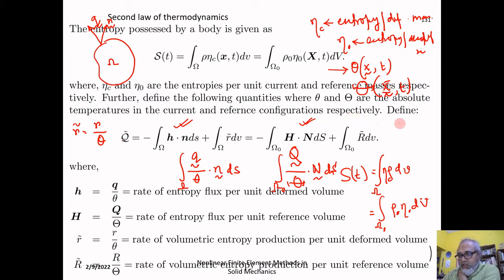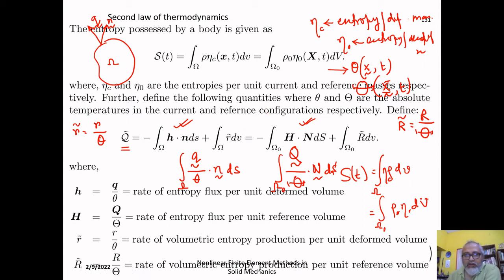And similarly, R tilde is R by capital Theta, entropy production rate per unit volume in the undeformed configuration. So this is the new quantity Q tilde that we defined, which contains the entropy flux and the entropy production rate in the deformed configuration, or equivalently in the undeformed configuration.